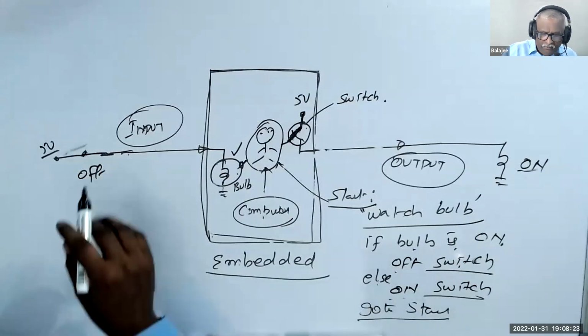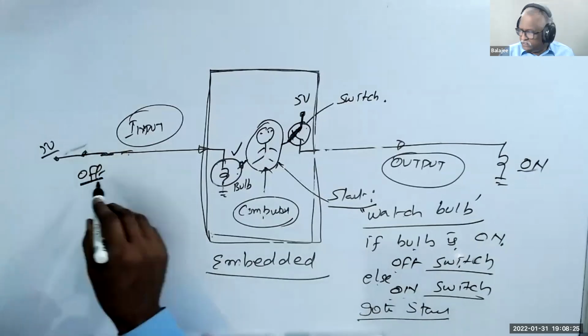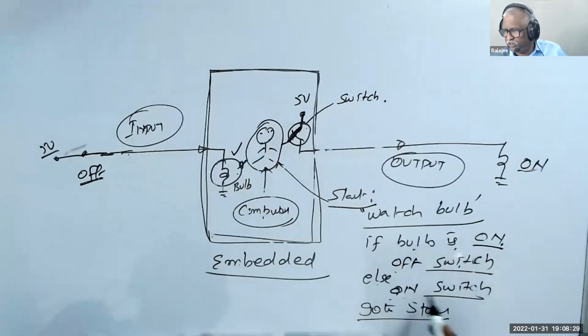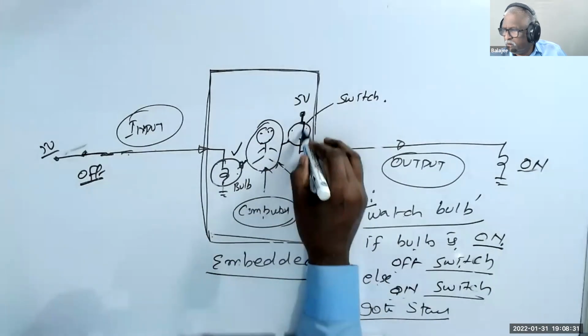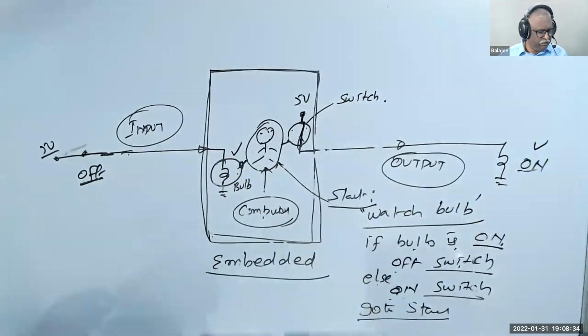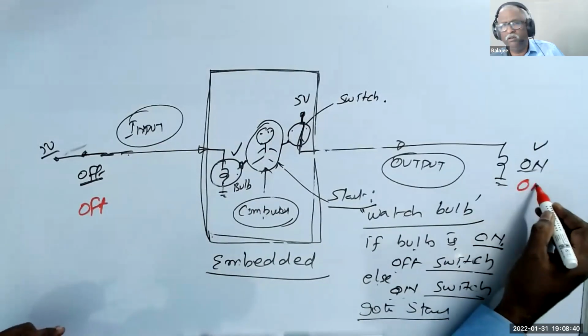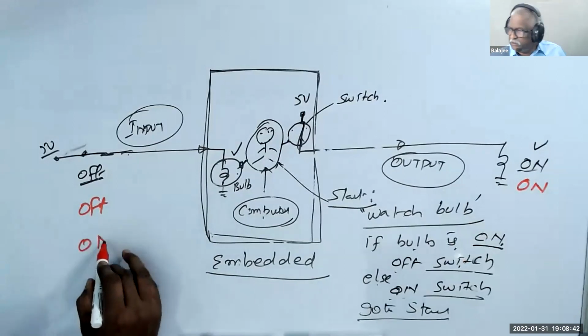Now, if the bulb is off, this guy sees the bulb is off, so he will turn on the switch, and this bulb will become on. That means when you turn it off, this becomes on. When you turn it on, this becomes off.